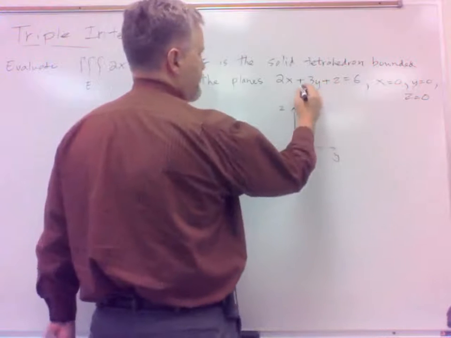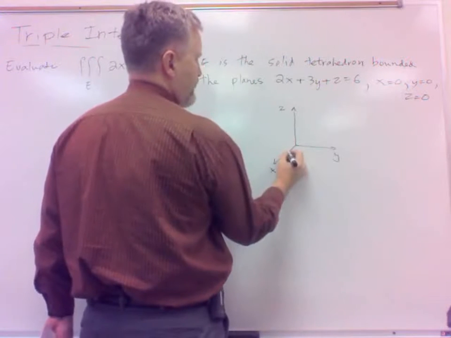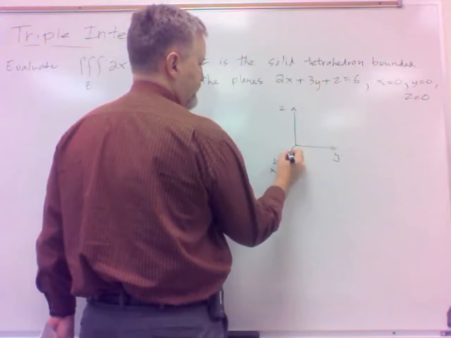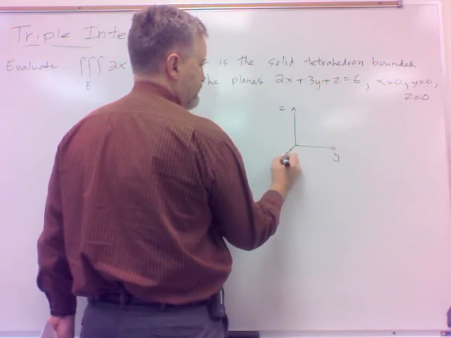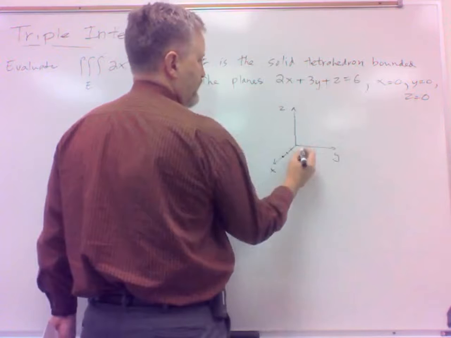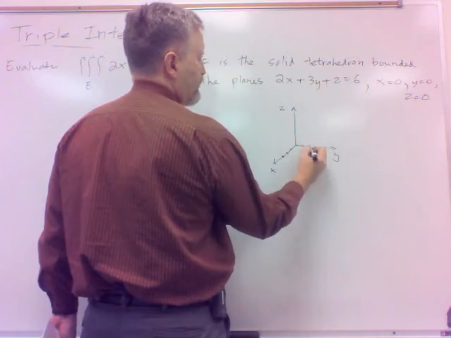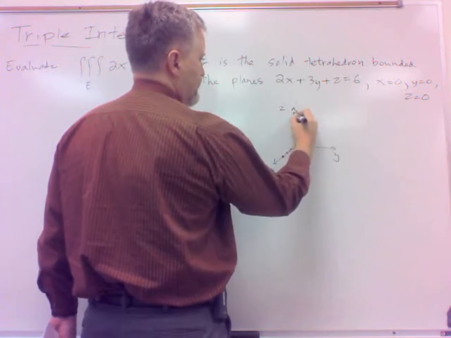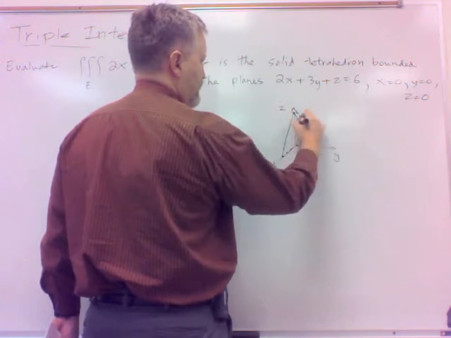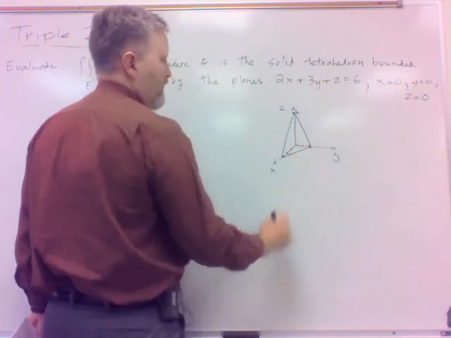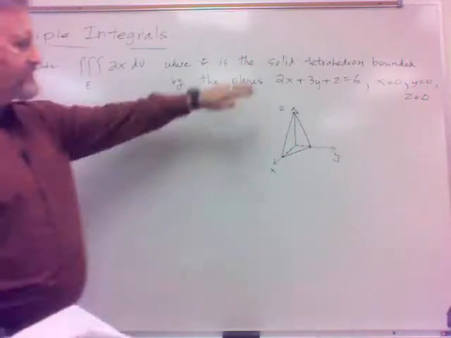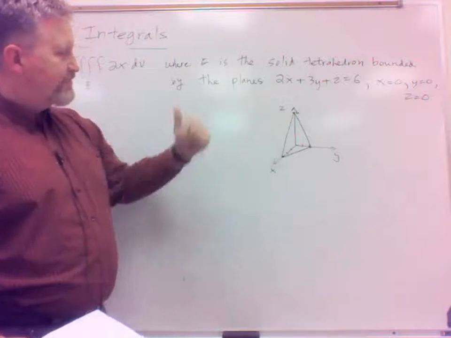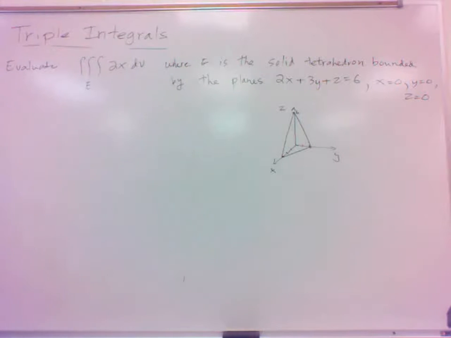For the plane, if you do intercepts, we've got 3 on the x-intercept, 2 for the y-intercept, and 6 for the z-intercept, all the other coordinates 0. And so you get this tetrahedron, pyramid, whatever you want to call it, shape there.